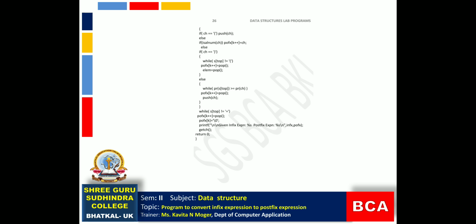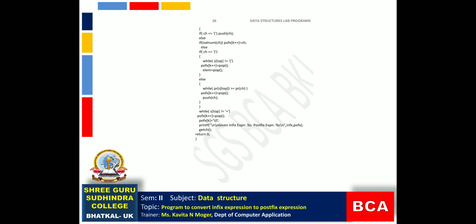Else, a while loop checks whether the precedence of s[top], the top of the stack, is greater than the precedence of ch; then postfix[k++] = pop, and ch will be pushed. That means if a lower priority operator tries to sit on a higher priority one in the stack, the element in the stack will be popped out and the new element will be pushed into the stack.